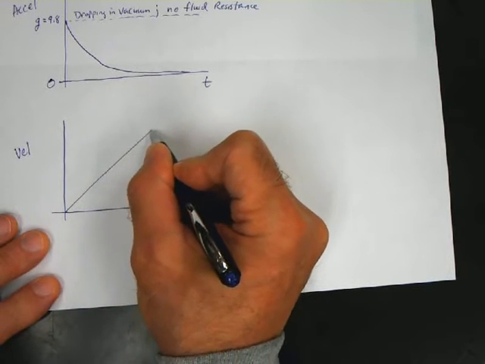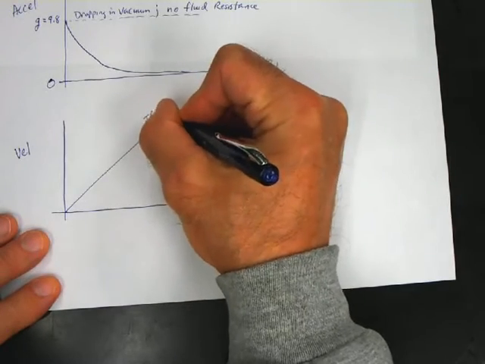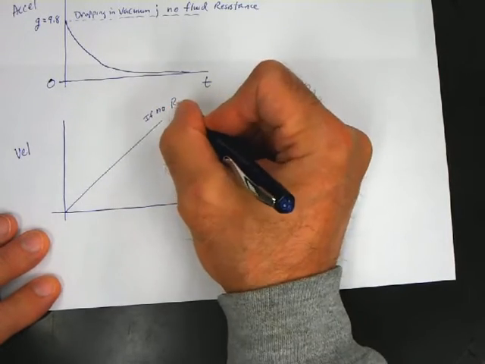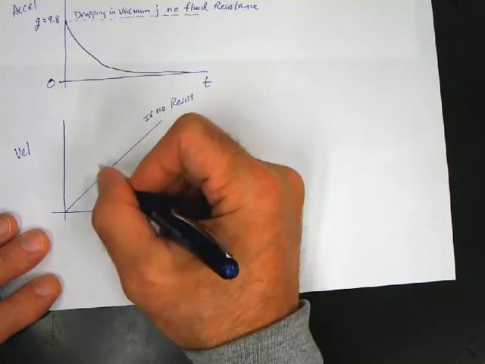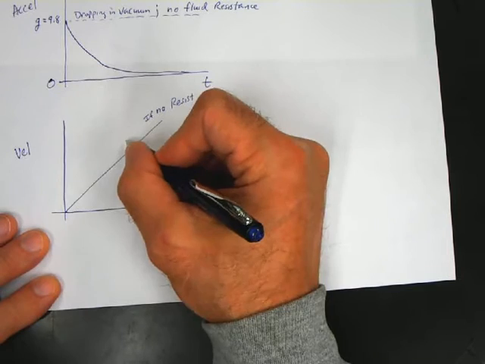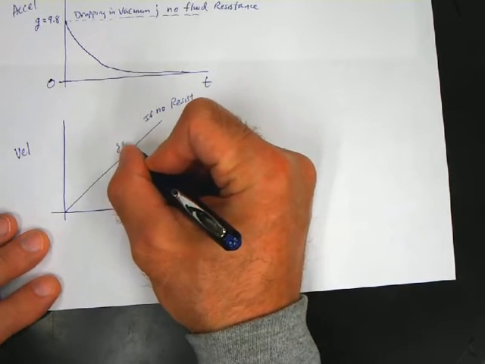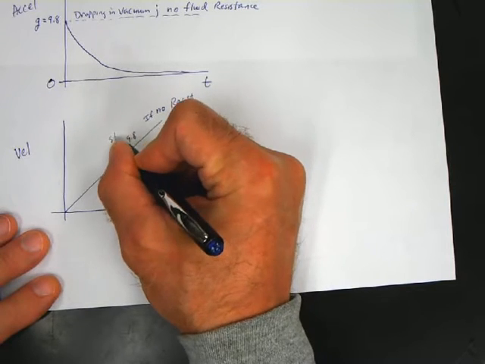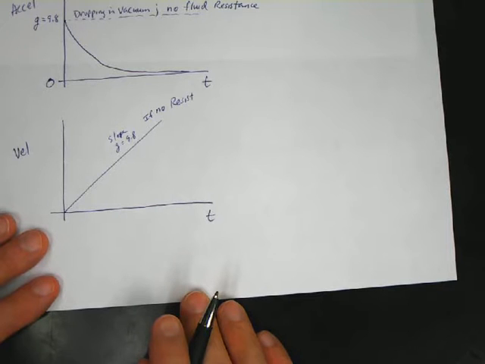And what's the slope? 9.8. So if no resistance, then the slope is 9.8, and we're in good shape. So g equals 9.8. That's the slope of this velocity time graph.